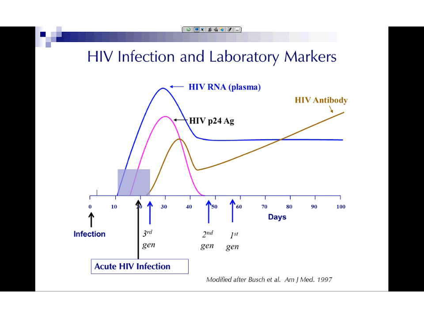The laboratory-based third generation tests, as well as the Determine Combo, have an interval of between 10 and 14 days of acute infection. That's when levels of RNA are very high until the time it can be picked up by the test. And of course, the fourth generation P24 antigen tests have the shortest interval. They will pick up between 60 and 80% of people who have RNA present before the development of antibody.